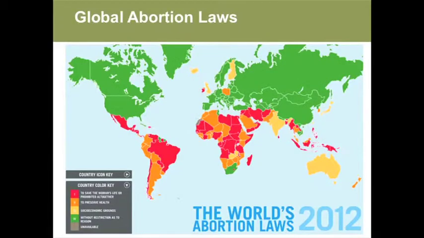We know, all of us know, that there are indeed restrictions placed on access to abortion in this country, but in this rubric, countries like the US fall within that realm. And this is just a map giving you a sense of where abortion laws are the most restrictive.